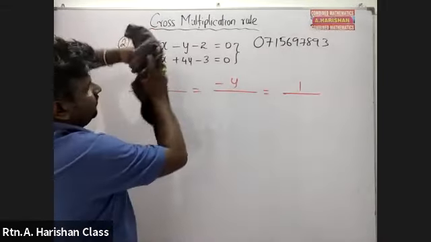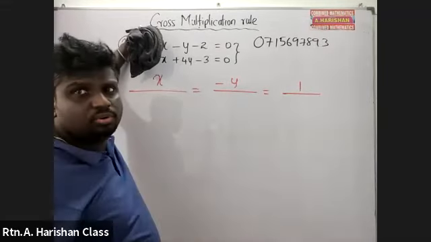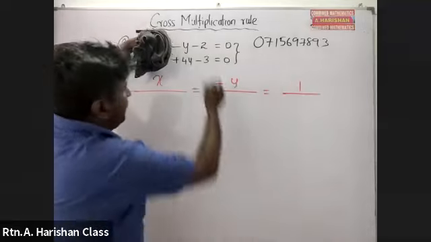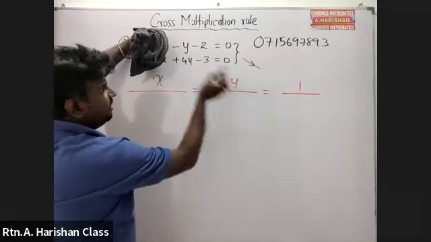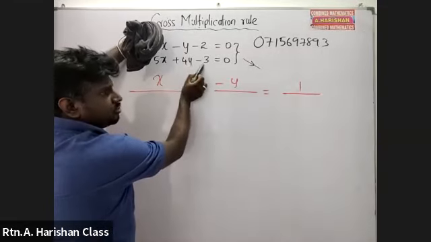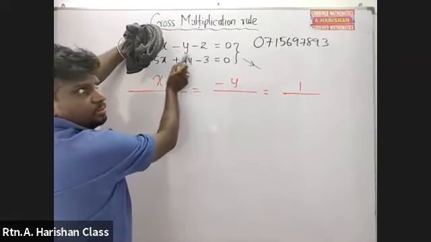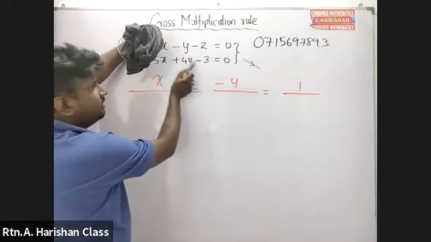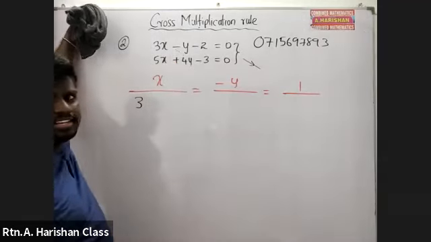Then I keep the direction always in this direction. Minus 1. Can you see the minus 1? Minus 1 into minus 3. Can you see? Then that is 3. You understand?